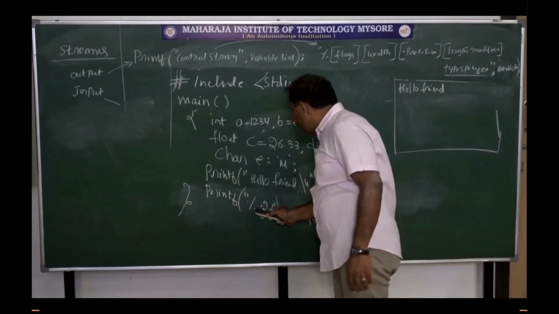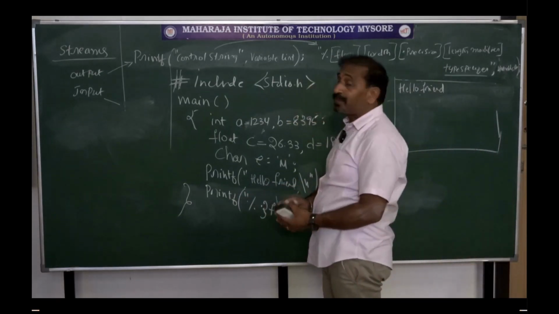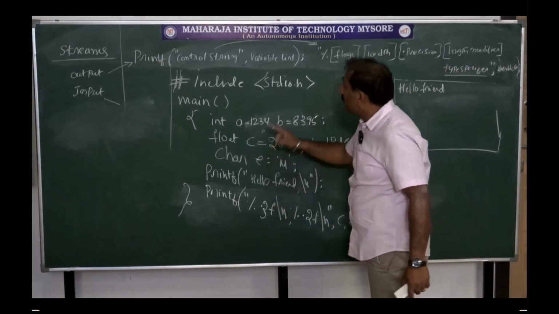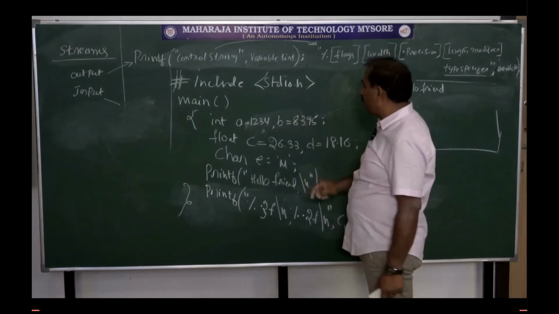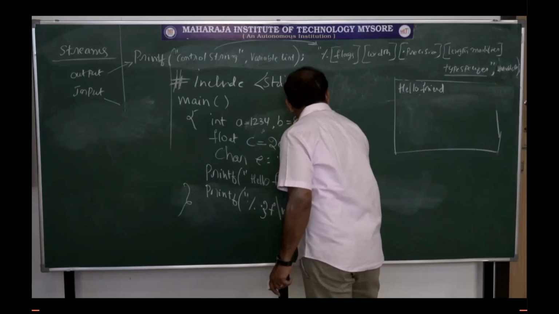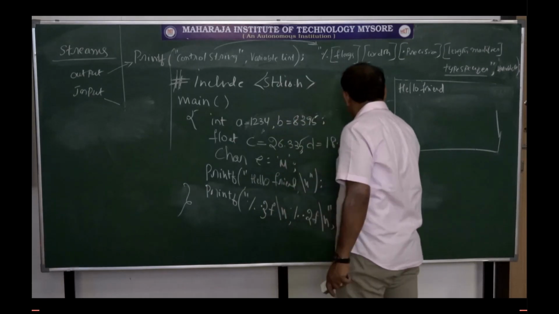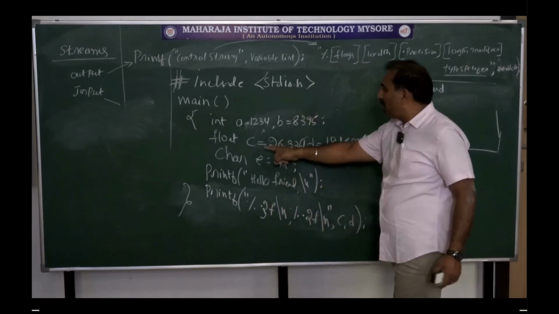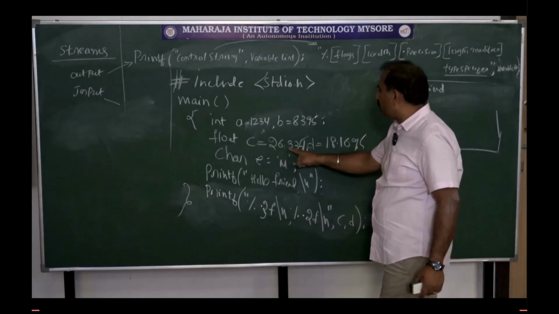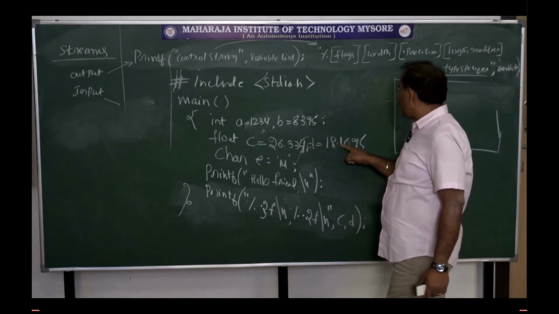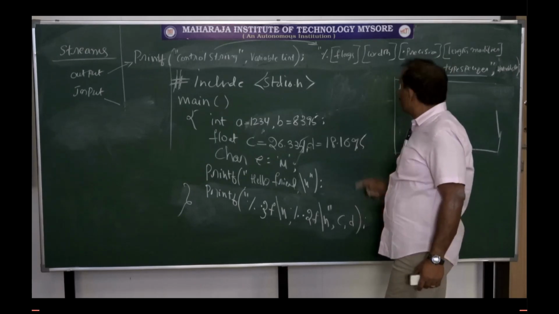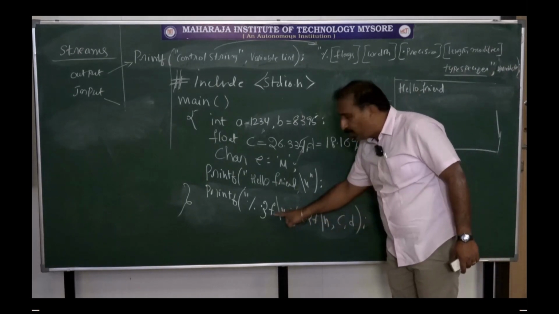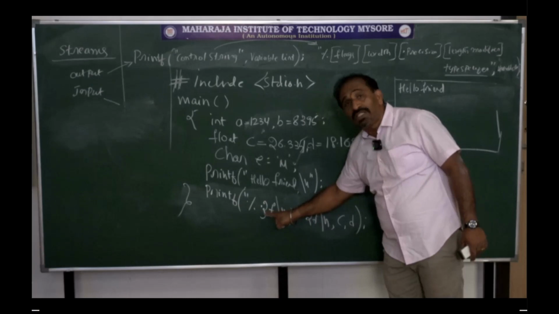Okay. Next, printf percentage dot 3 f. So you are telling the precision of printing this f, with 3 digits after the decimal point. I will consider the input as C equal to 26.3351, D is equal to 18.1695. 4 digits I have considered. While printing, it says this C is to be printed in float format with a precision of 0.3.